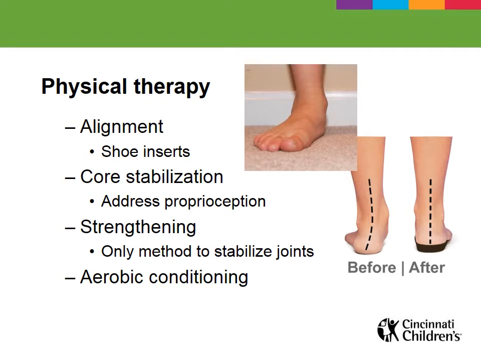Overall, the process of improving joint stability occurs through strengthening the muscles around the joint. What we hope to do, by providing better muscle tone, is to provide more passive control of that joint without further intervention.